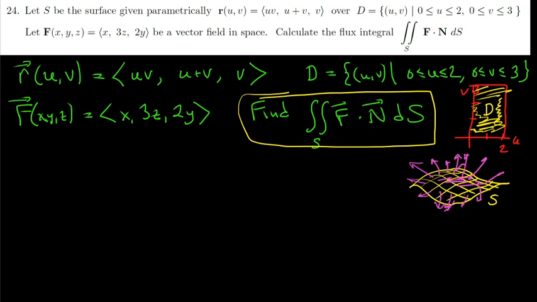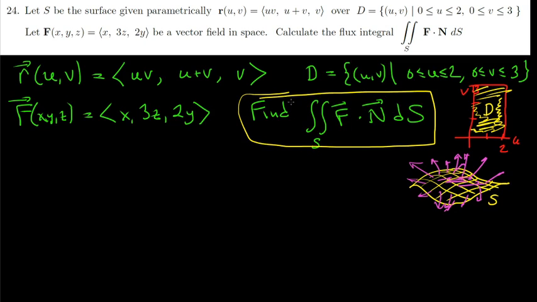That doesn't mean there's no vector flowing through the surface, just that some are flowing one way and some the other. I don't think we're going to get 0 here. I'd be shocked, but it's possible.